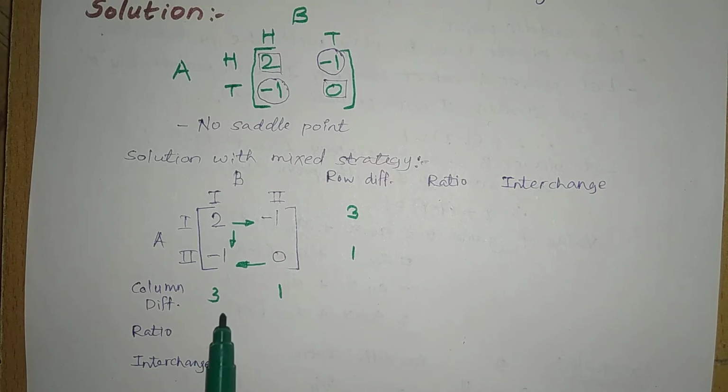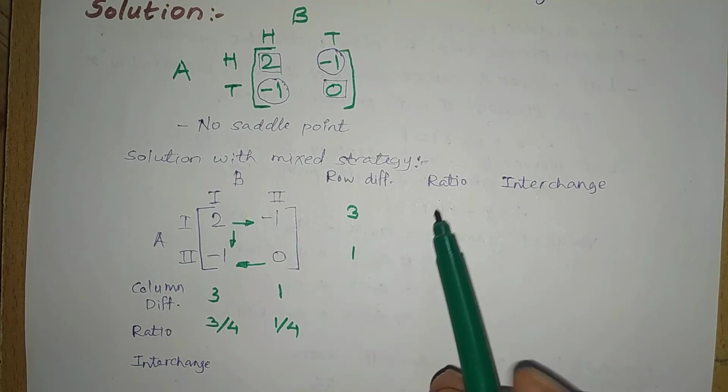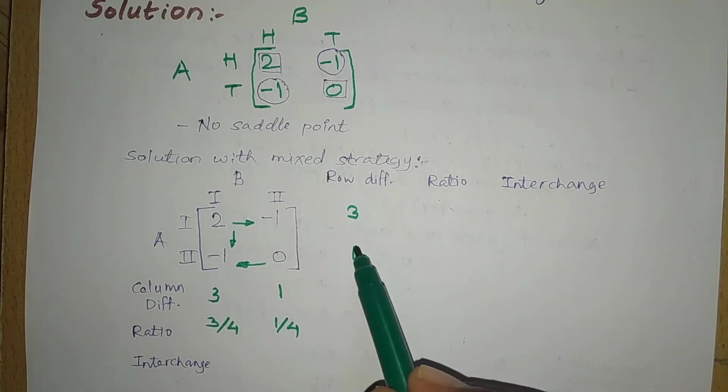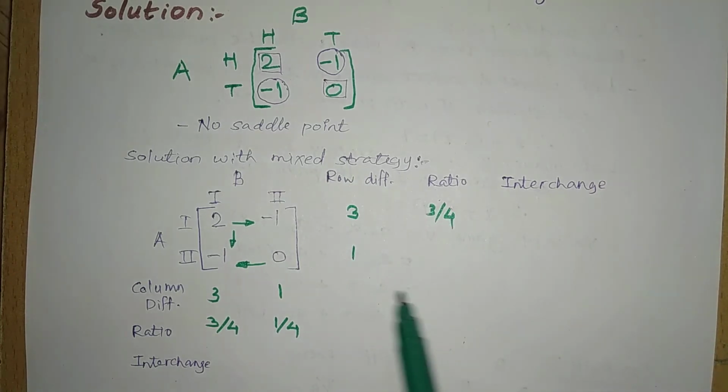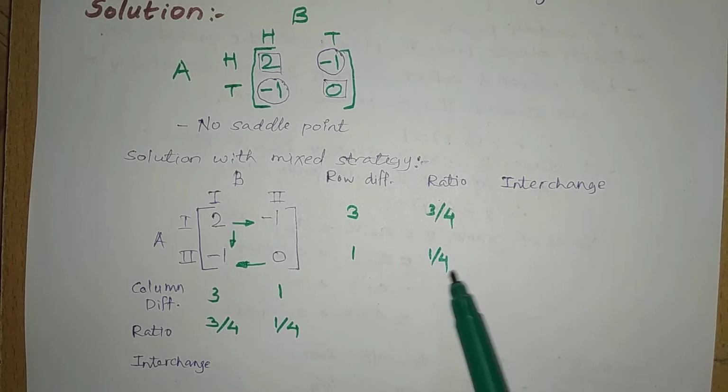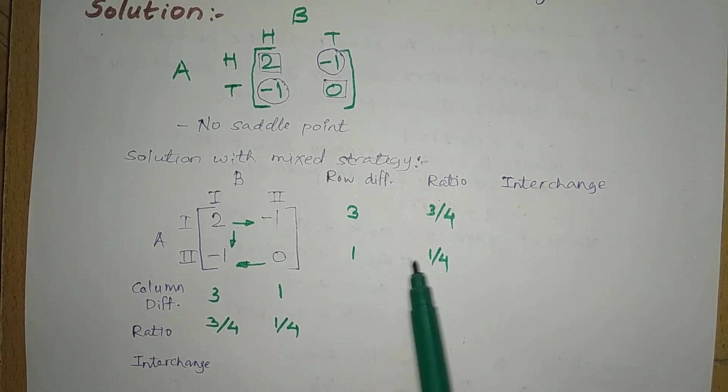Now let us take the ratio, difference upon sum of differences. The sum of differences is 4, so the ratios are 3 by 4 and 1 by 4, both row-wise and column-wise.